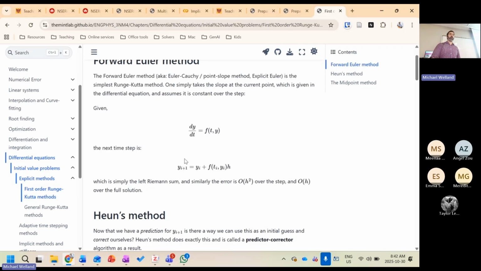Explicit Runge-Kutta, forward Euler, says, given that I have dy/dt equal to something, say dy/dt is equal to y, super easy. What I'm going to say is that y at i plus 1, the next time step, is y at i, the current one, plus whatever that function was, only the right-hand side, times my time step.